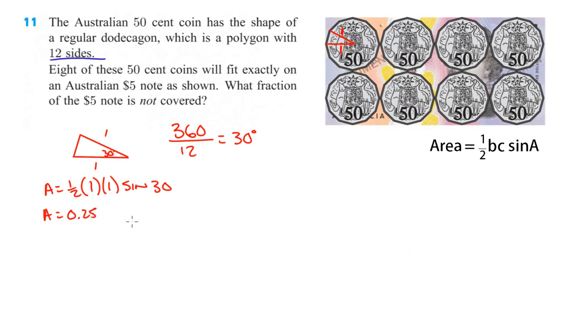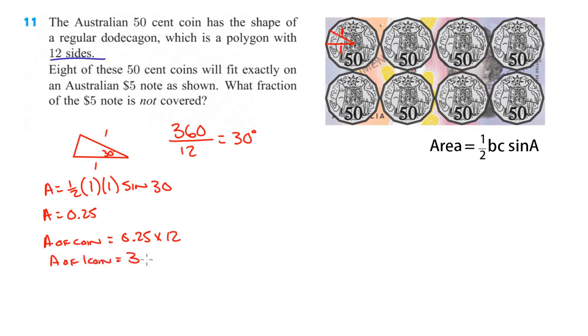So the area of one sliver is 0.25, so the area of a coin is going to equal 0.25 times 12 of those, right? So 1/4 times 12 gives us that the area of one coin is 3.